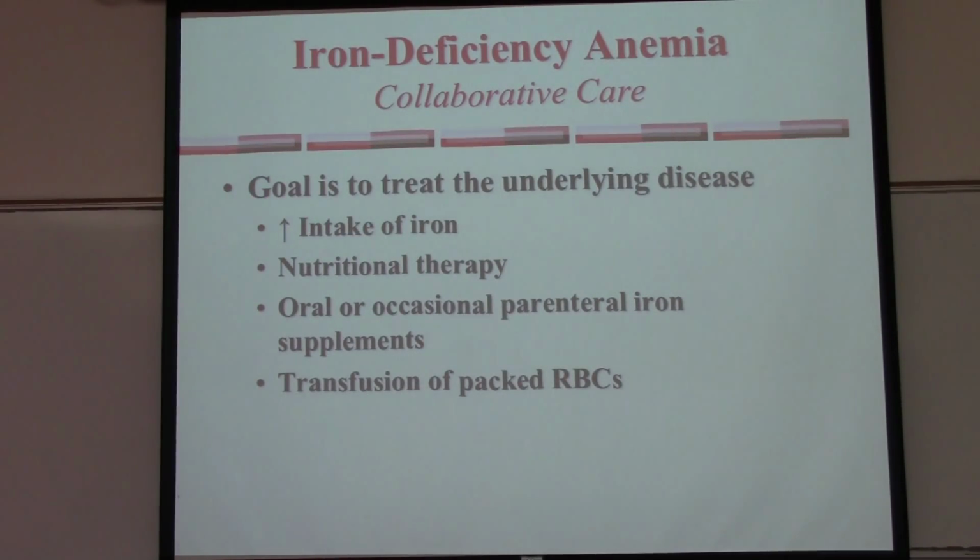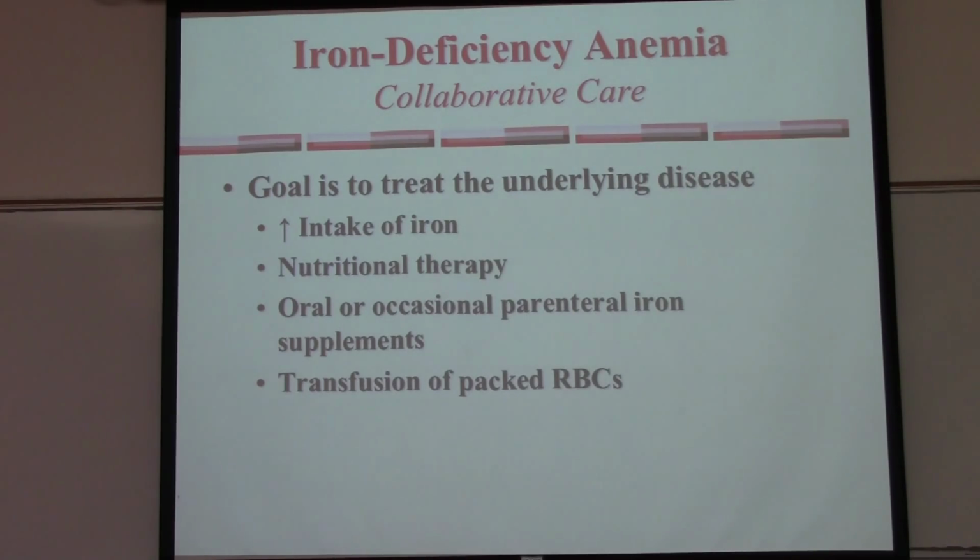The goal is to treat underlying disease. So is it nutritional? Then we need to increase the intake of iron. You should know your iron foods, things like organ meats, liver, eggs, dried fruit, and legumes. What's a legume? Peanut. A peanut is a legume, yes it is. Can someone name another one? Say again? Soybeans.